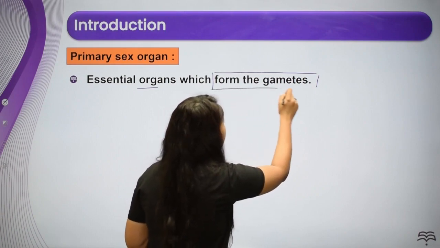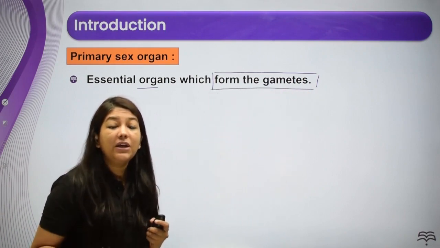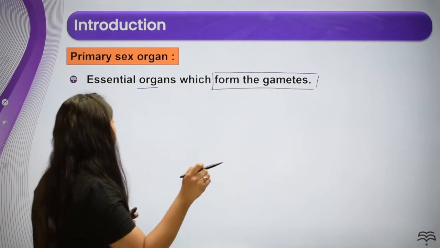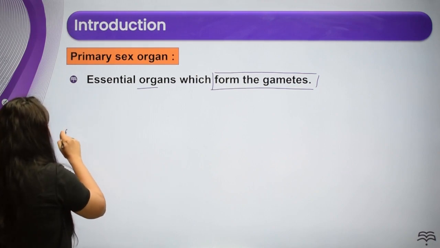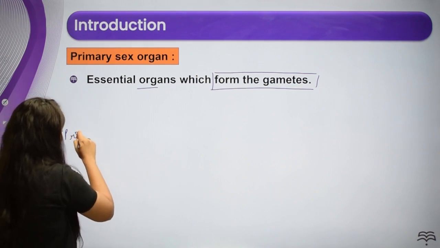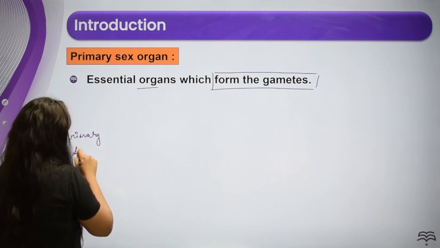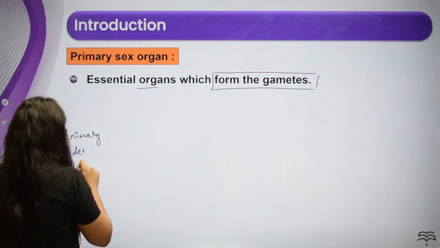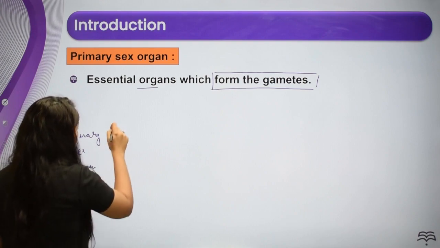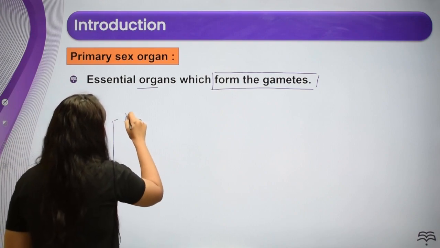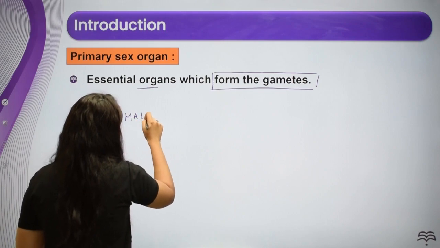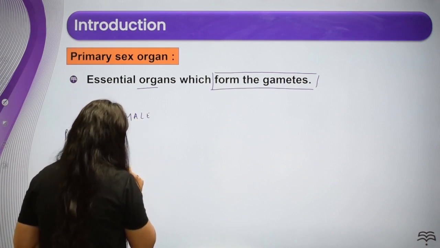Here the gamete formation process is going to happen. So if we talk about the primary sex organs, the primary sex organs in case of male and in case of female.